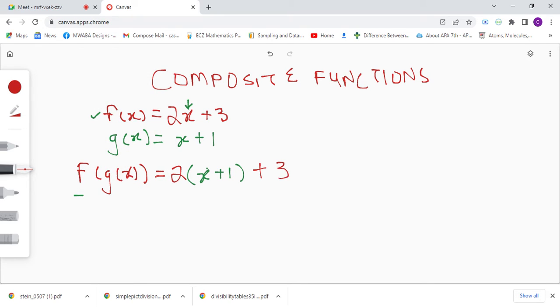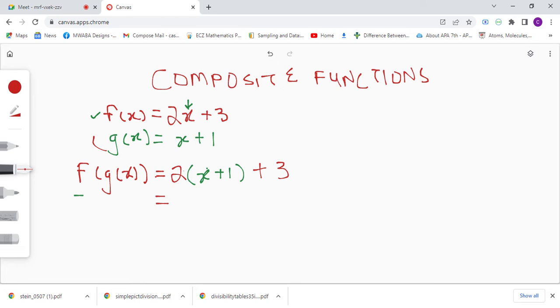As I said, in the function f, our x variable will be replaced with our g function, and that's what has happened here. That's why we have 2 times x plus 1, plus 3.